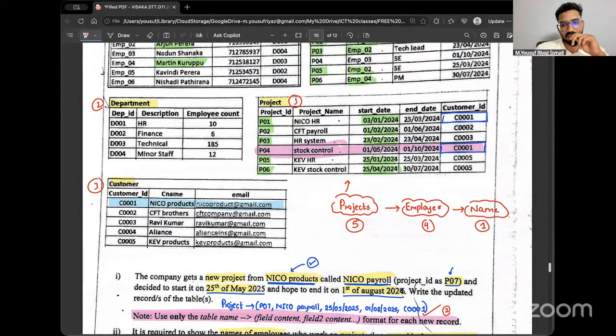No, no, Zaina. Who is the customer that gave me the project P04? Exactly. P04 was given by the customer Nico Products.